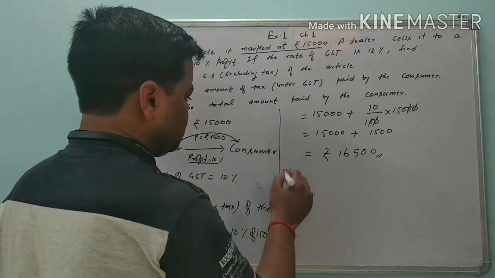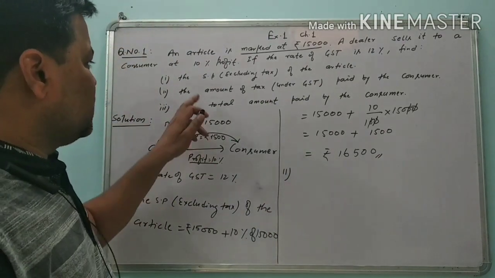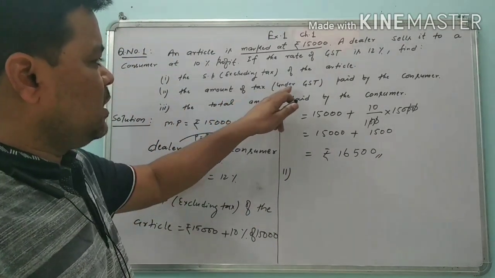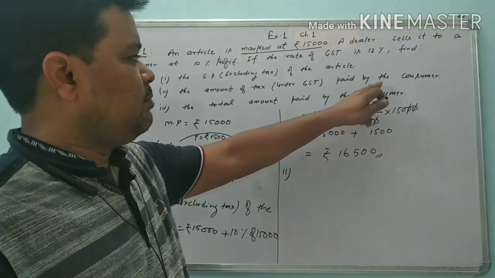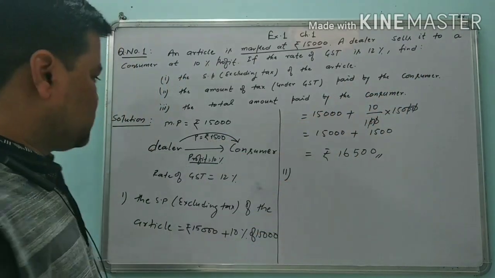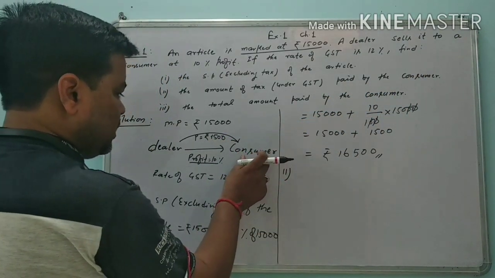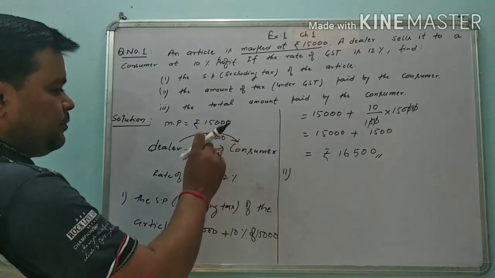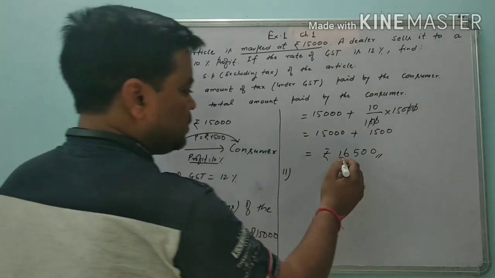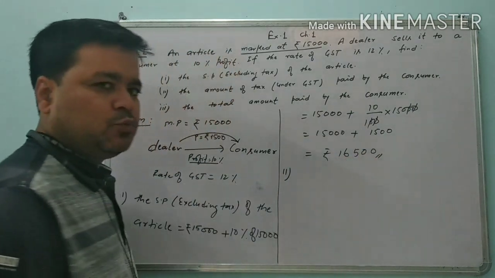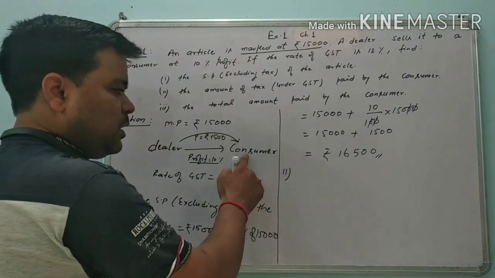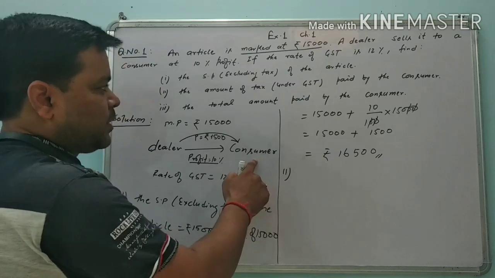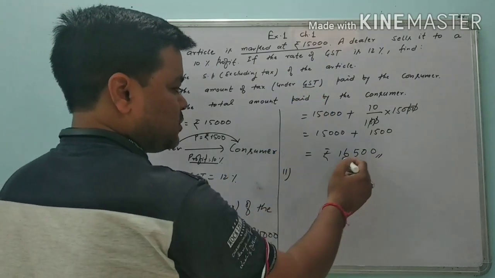Now the second question is the amount of tax under GST paid by the consumer. Actually, the consumer takes the article at 16,500 rupees. Therefore, the consumer has to pay the GST on this much.